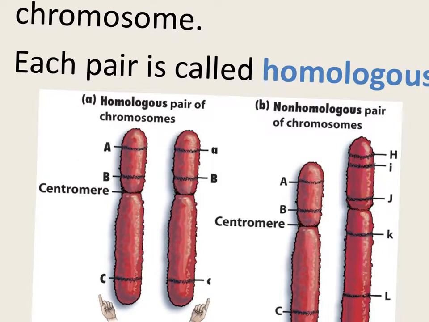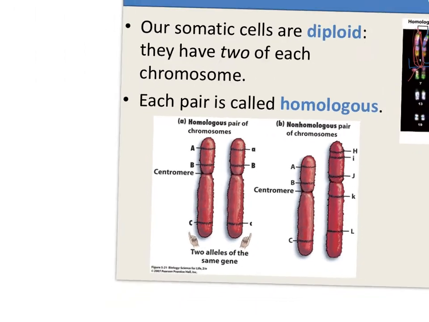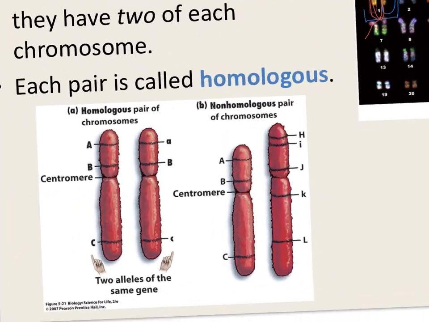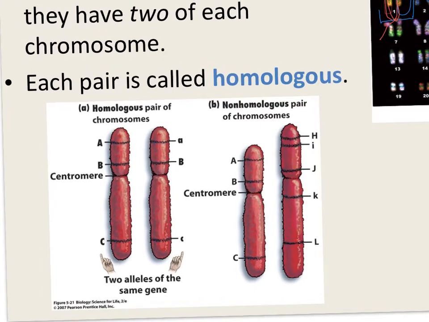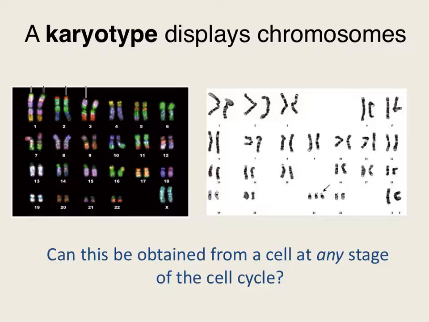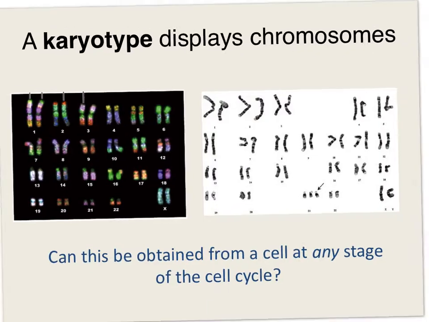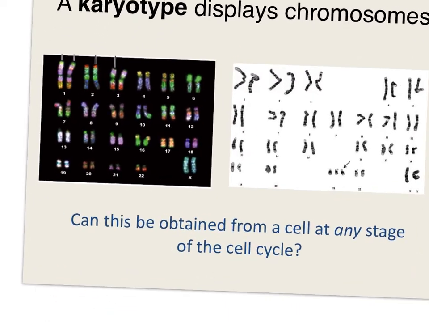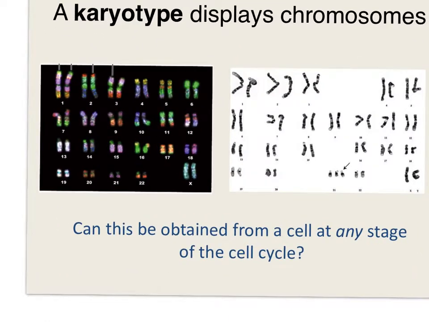In the middle of each chromosome, there's a centromere, with a long arm and a short arm. And in homologous chromosomes, the centromeres connect the chromosome. So this is a karyotype, and it shows the chromosomes.